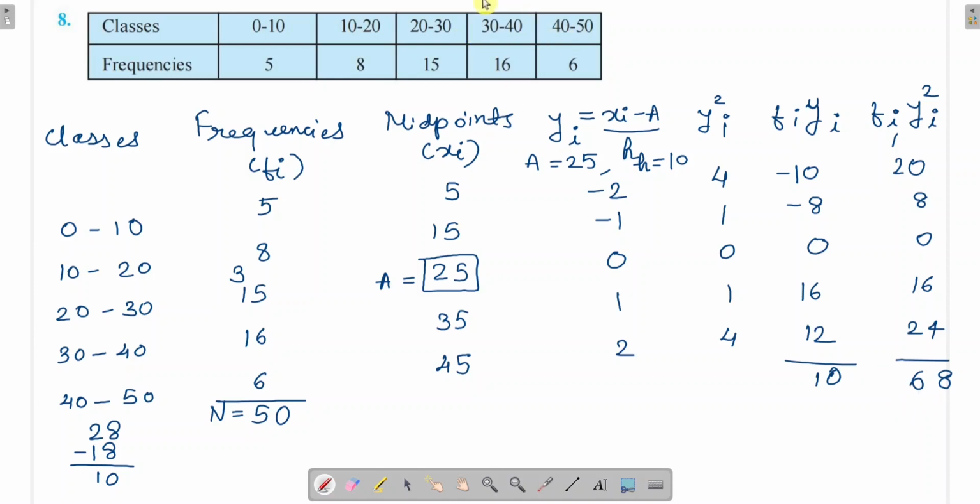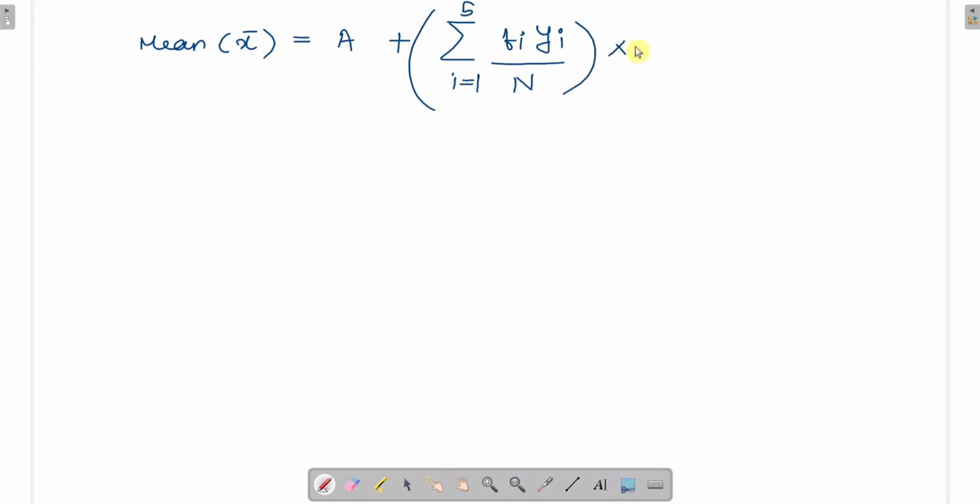So now we can calculate the mean. Mean x bar is equal to assumed mean plus summation i going from 1 to 5 fi yi divided by capital N into h.